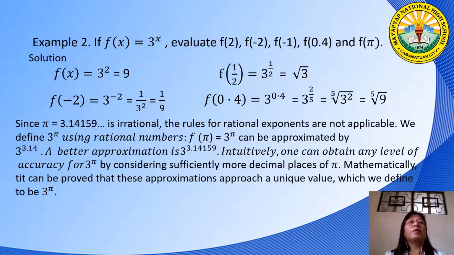A better approximation is 3 raised to 3.14159. Intuitively, one can obtain any level of accuracy for 3 raised to pi by considering sufficiently more decimal places of pi. Mathematically, it can be proved that these approximations approach a unique value which we define to be 3 raised to pi.